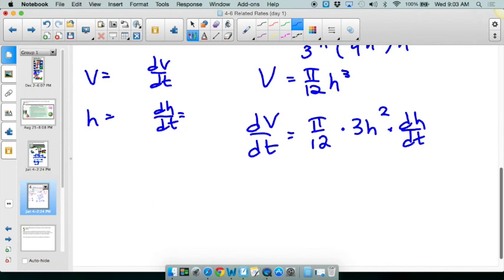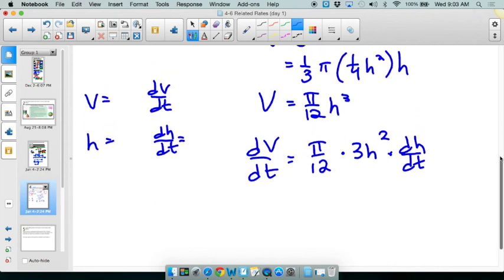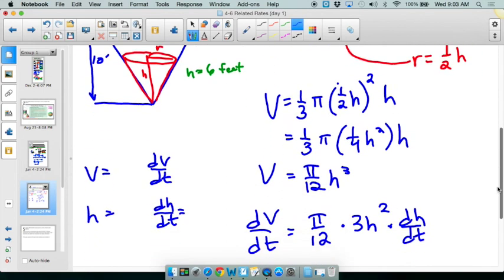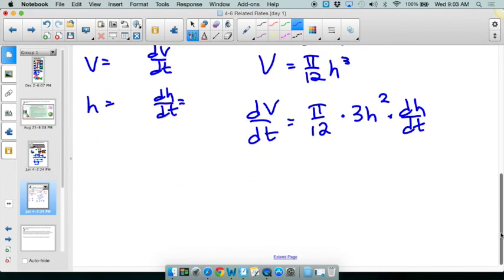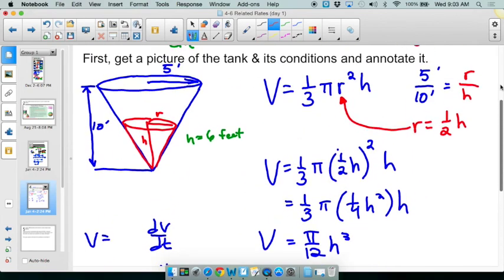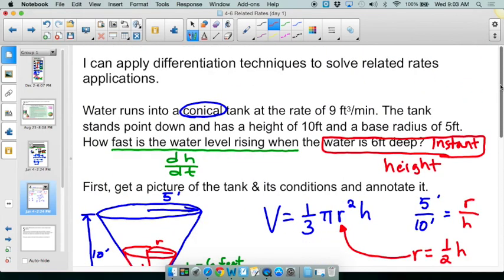So now our snapshot. We're going to go back up to that red picture for our snapshot. Do we know our volume at that point? No, we don't.